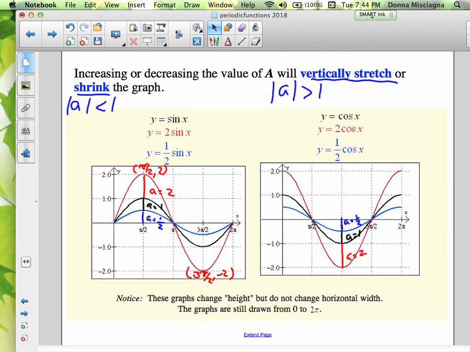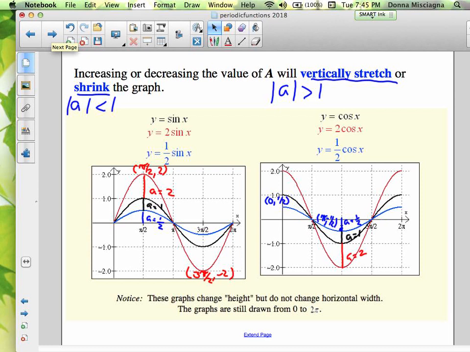Its maximum here, at 0, 1/2, is only half as much. And here we have the minimum value, it's only half as much. So that's at pi, negative 1/2. So a vertically shrinks or stretches our graphs depending on the value of a.